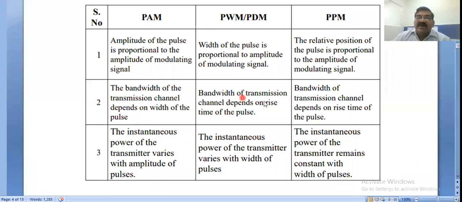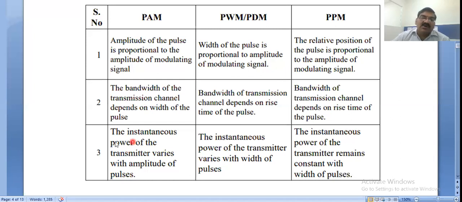In pulse position modulation, the bandwidth of the transmission channel depends on the rise time of the pulse, that is, how much time you require to rise and fall. So the bandwidth of pulse width modulation and pulse position modulation is comparatively stable, but here it is varied.